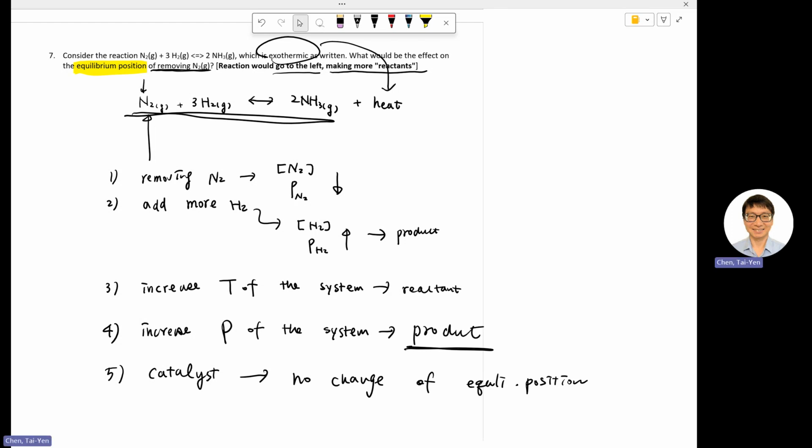Very clear: only 3 things affect the equilibrium position: concentration, pressure, and temperature. One thing that's going to be used to confuse you is the catalyst. Those are the main things you should know for the Le Chatelier principle. Is that clear? Okay, cool.